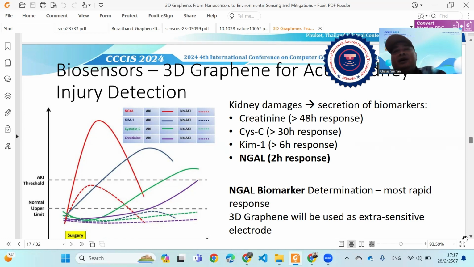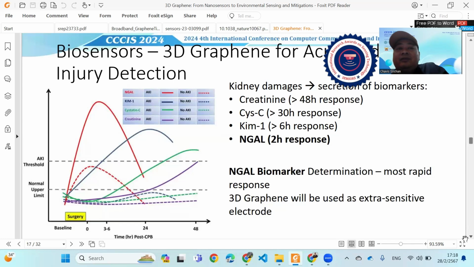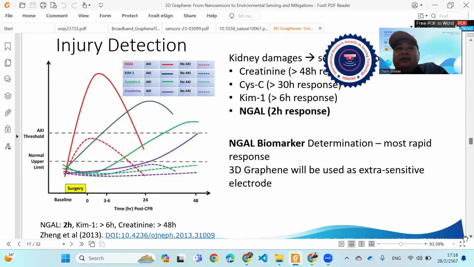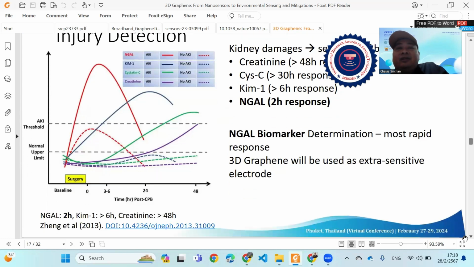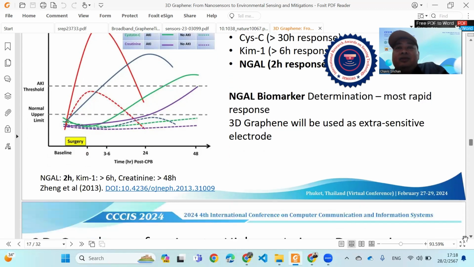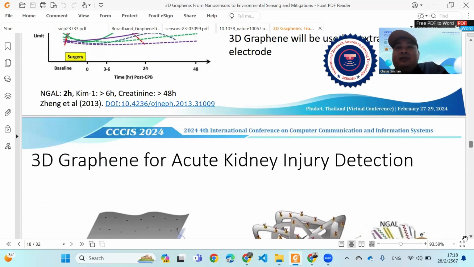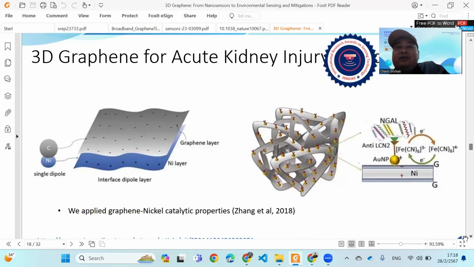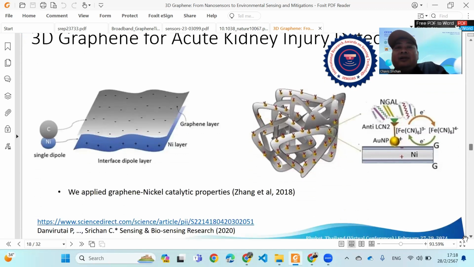We use the NGAL from the urine, so not from the blood. We can use the 3D structure of the graphene with the nickel layer, without etching out the nickel layer, and we create the dipole, right?